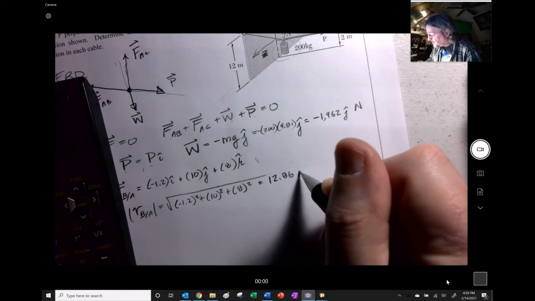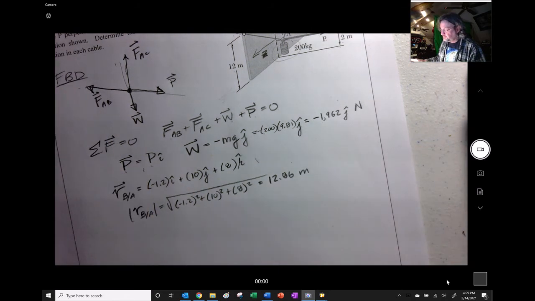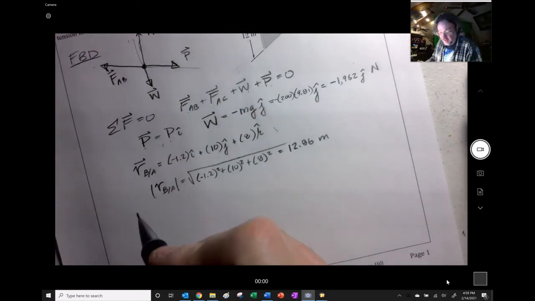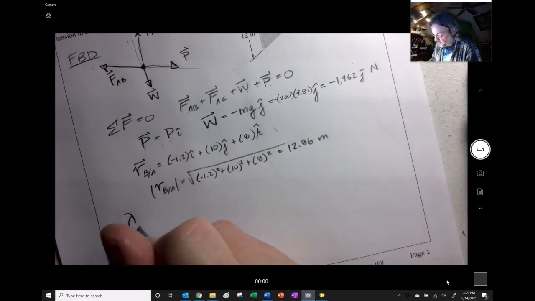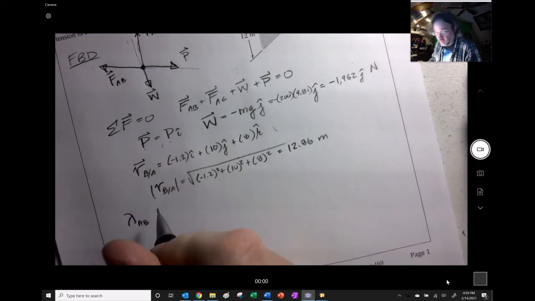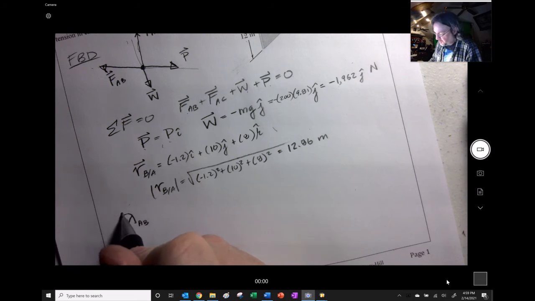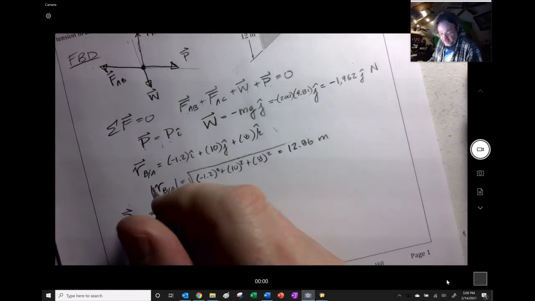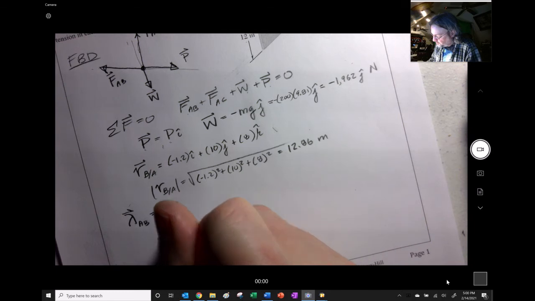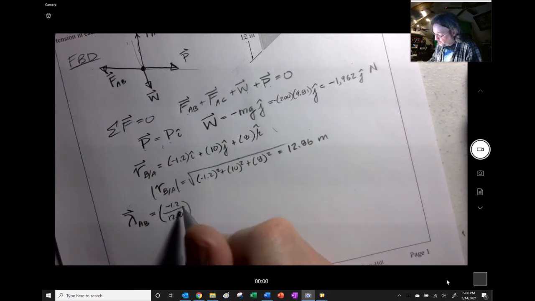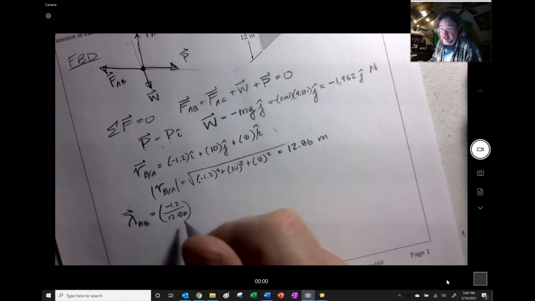12.86 meters, right? So we would say that we have a lambda AB. We could even call it lambda A with respect to B, which is actually going to be a vector right here. We'll take negative 1.2 divided by 12.86, and if we took the inverse cosine of that, we would get theta x, by the way.